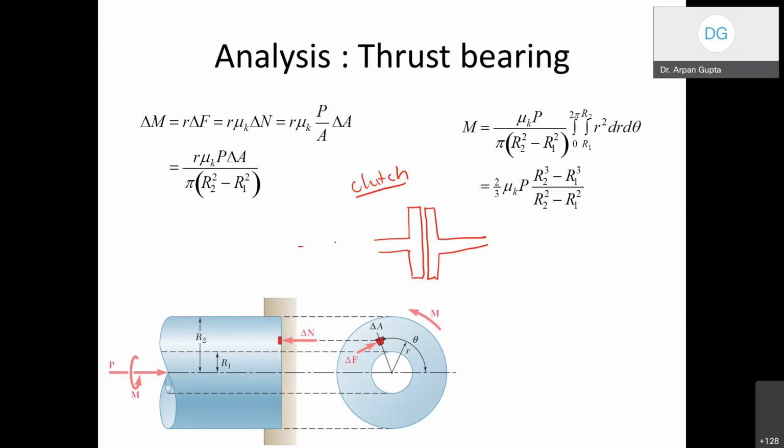The idea is here your power is coming from the transmission of the engine, power from engine, and here the power is going to the gear and gearbox. So a clutch is particularly useful for manual transmission systems, which most of our Indian cars work with.